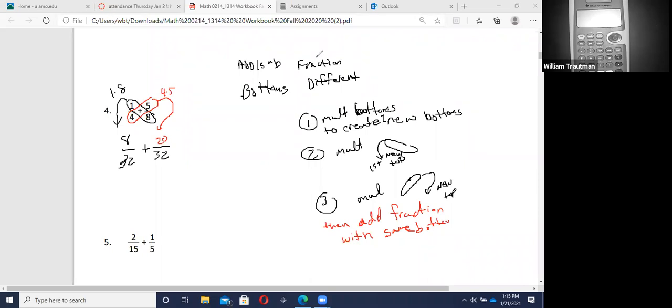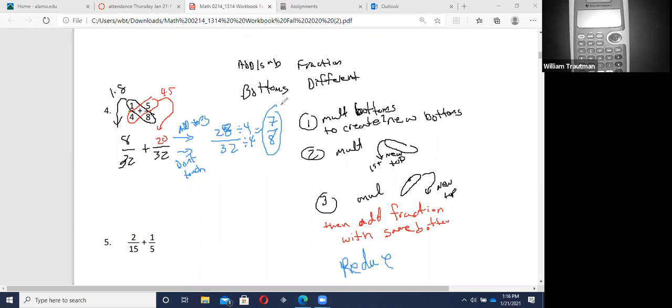And if you remember those rules, it was add or subtract the tops, and I get 28. Don't touch the bottom, 32, and then try to reduce. Both of these divide by 4. You can divide by 2 and by 2 again, but they both divide by 4, and the answer is 7/8.